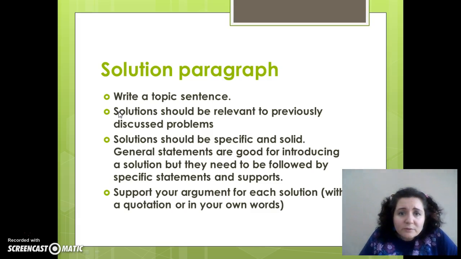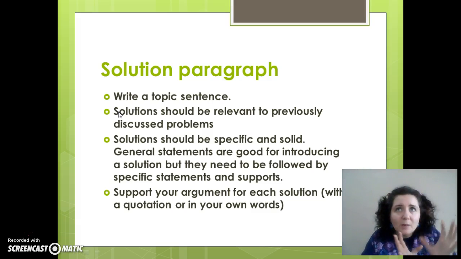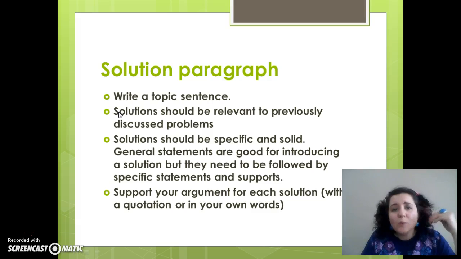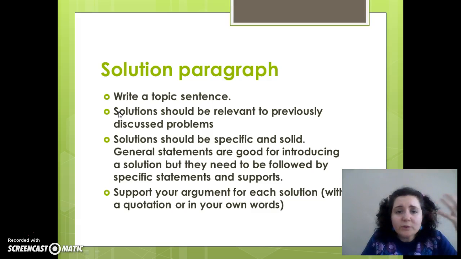Some of my students write, for example, a set of problems, and in the next paragraph they write a set of solutions, but they don't relate to each other. So when you are writing a solution paragraph, please first take a look back at the previous paragraph, the problem paragraph. Consider which problems you have discussed, and then write the solutions about those problems.